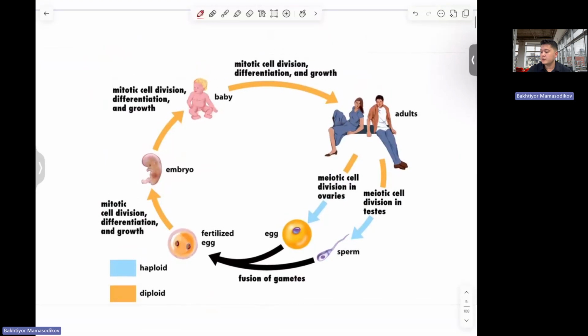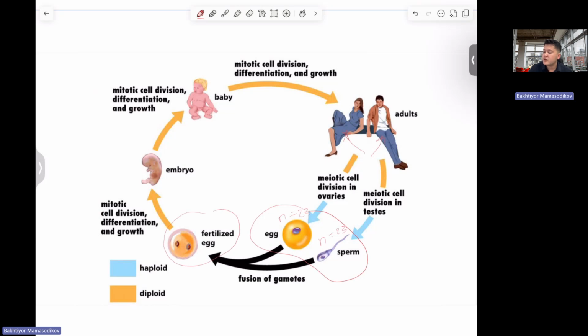This is also a previous illustration, so I'm not going to stop on it. We talked about it a lot. The testes in the males and the ovaries in the females make the sex cells, and each sex cell is haploid, with 23 chromosomes each.